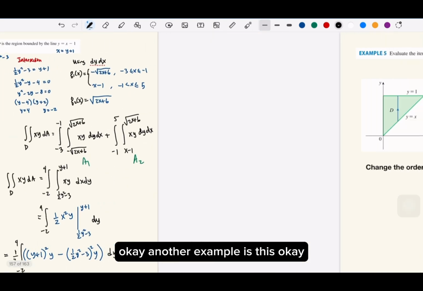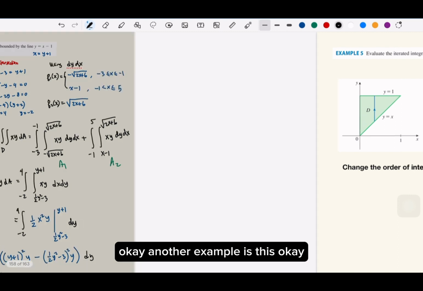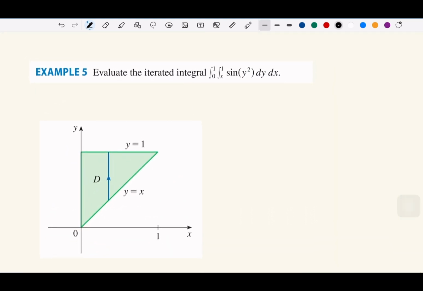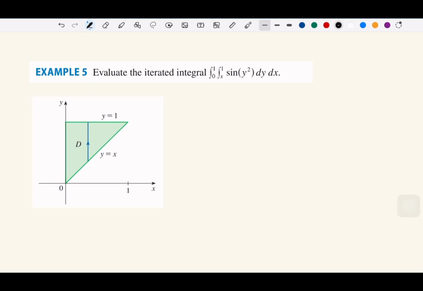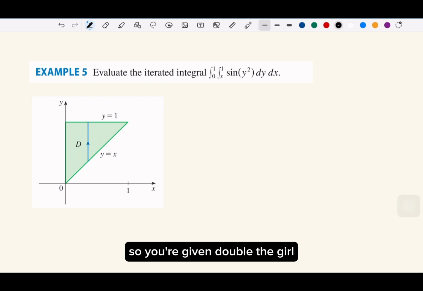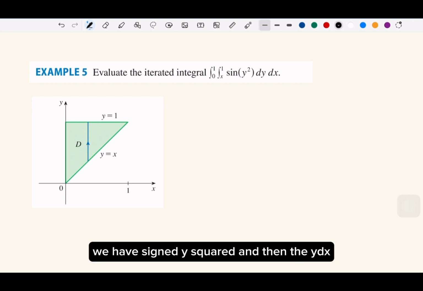Okay. Another example is this. You're given the double integral of sine y squared, dy dx.